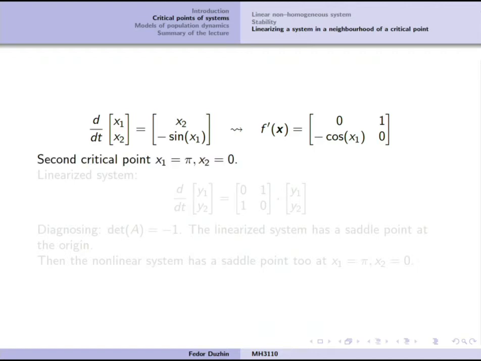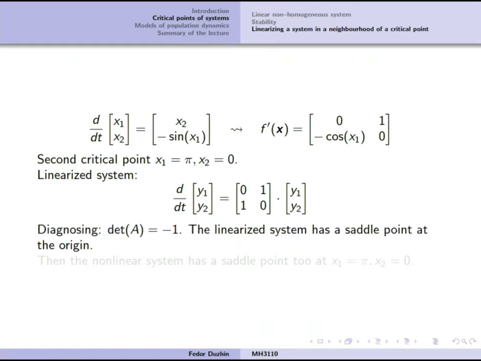Well, anyway, let us go further and do the other one, which is (pi, 0). Again, we substitute (pi, 0) into the Jacobian matrix, and then the matrix is different: 0, 1, 1, 0, and its determinant is -1, which immediately means that the linearized system has a saddle point. And if the linearized system has a saddle point, then the original nonlinear system also has a saddle point.